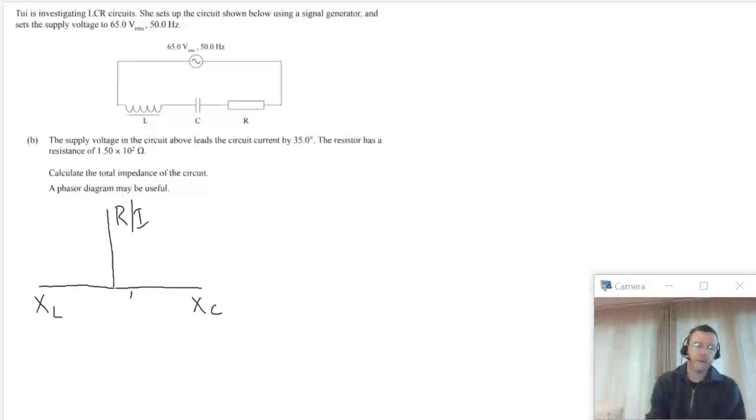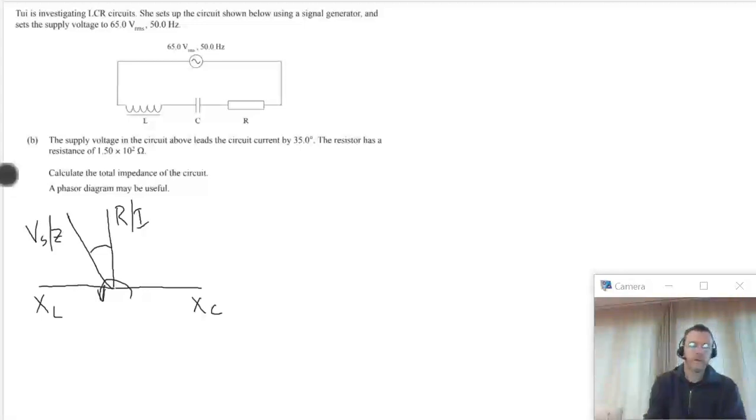If this set of phasors is rotating in this direction, this shows us that the inductor phase leads. It gets to this location down here first, then the resistor phase, then the capacitor phase. Now we can put on our Z vector, our impedance vector, and we've been told that the angle is the same as the angle of the power supply.